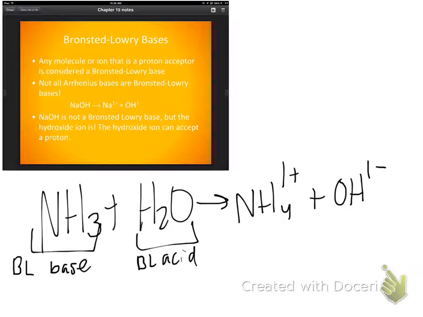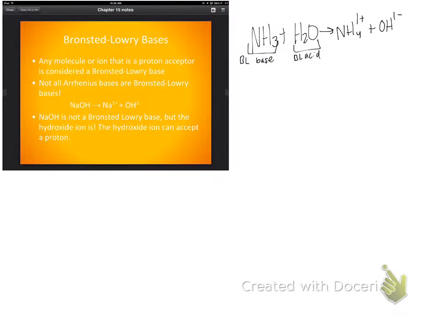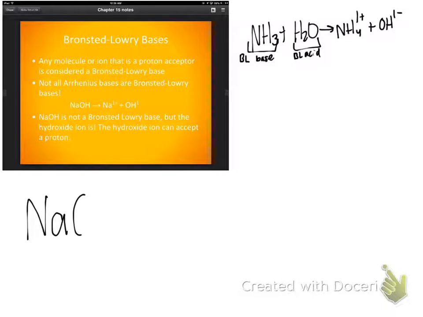Let's shrink this down and look at an example. Sodium hydroxide, we talked about it yesterday. What do you know about sodium hydroxide? Is it an Arrhenius base? Yes, it is. Well, let's look at it in the context of Bronsted-Lowry. What kind of compound is sodium hydroxide? Ionic or covalent? Ionic.